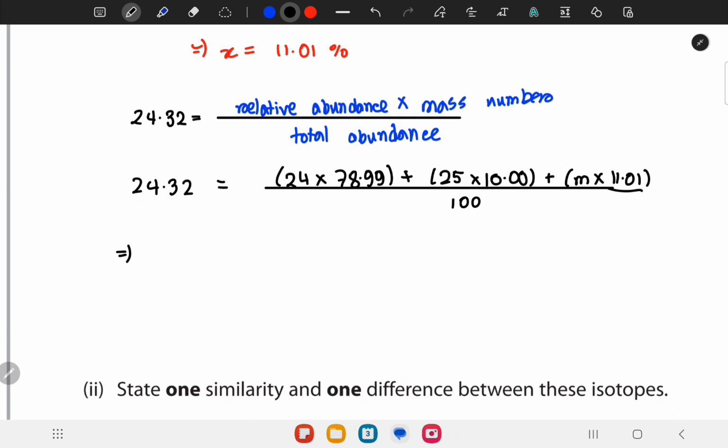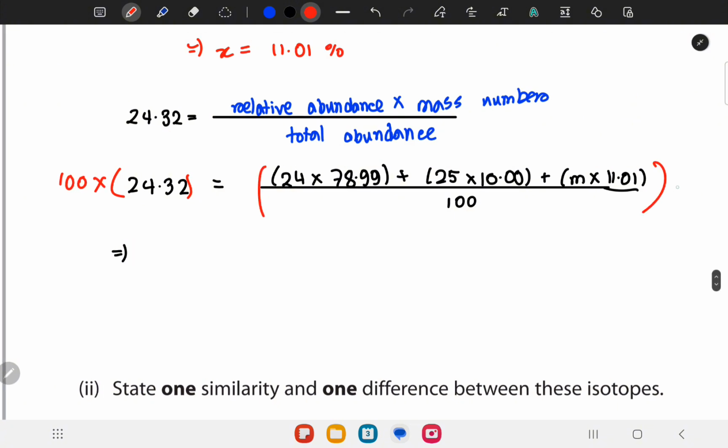Now we'll multiply 100 on both sides. So this times 100, this times 100, we'll get rid of this.